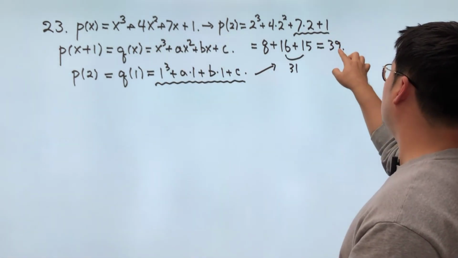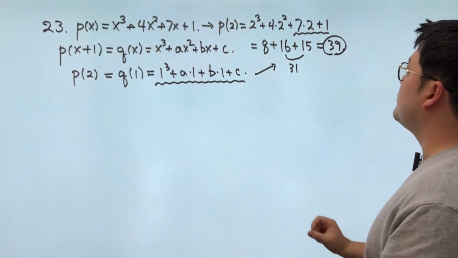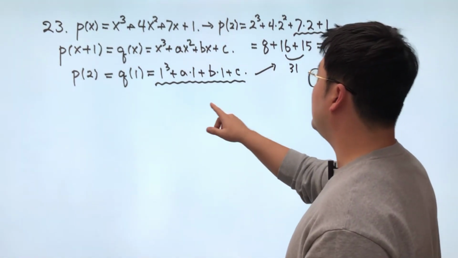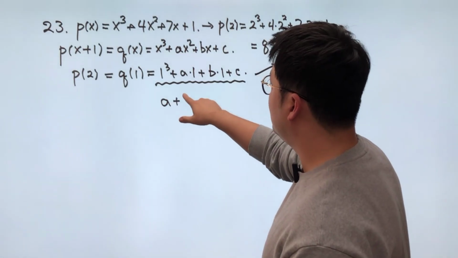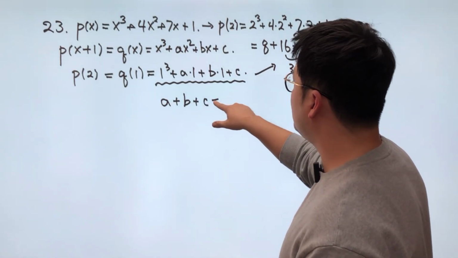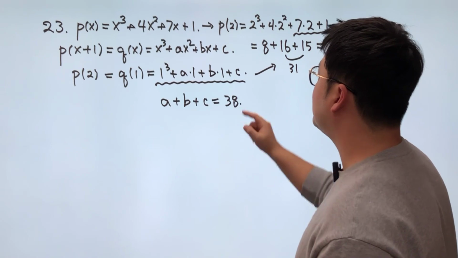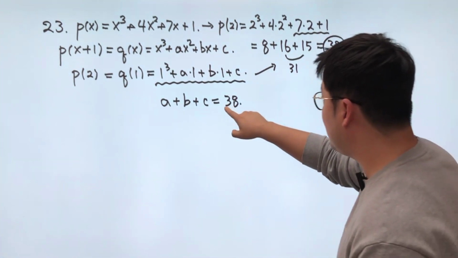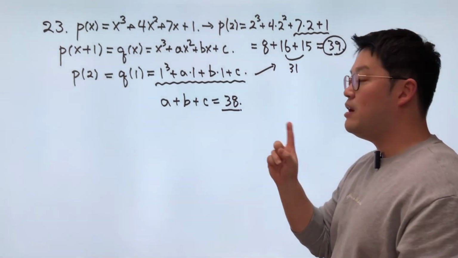So if you found p of 2, obviously a plus b plus c is supposed to be just 38, okay? All right, so we found 38. That becomes the answer. This is one way of solving it.